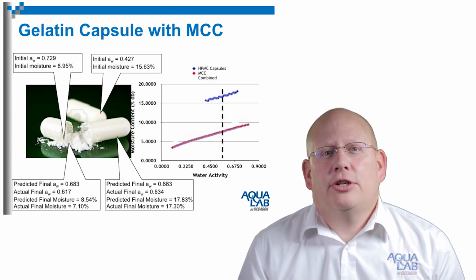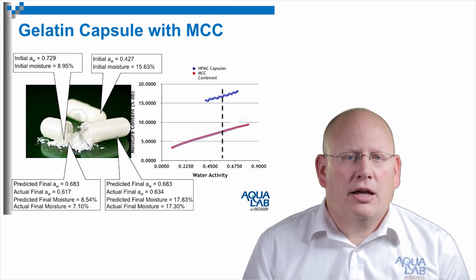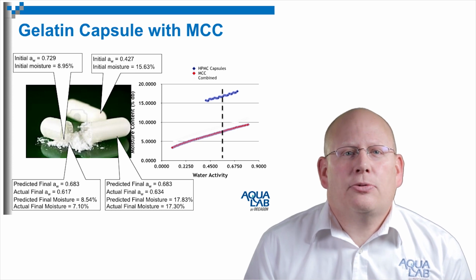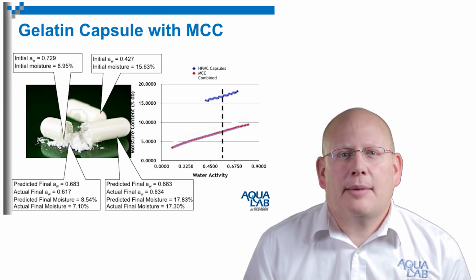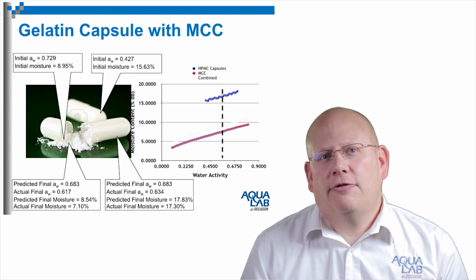We did this also for a gelatin-based capsule where the powder was at the same conditions, 0.73 water activity and 9% moisture. But in this case, we added it to a gelatin capsule, which had a water activity of 0.43, but a moisture content of 15%.